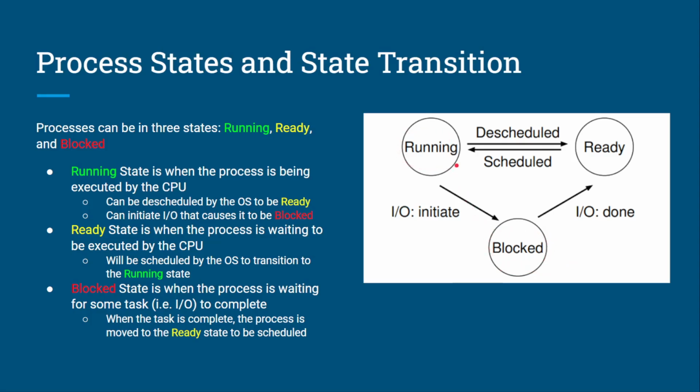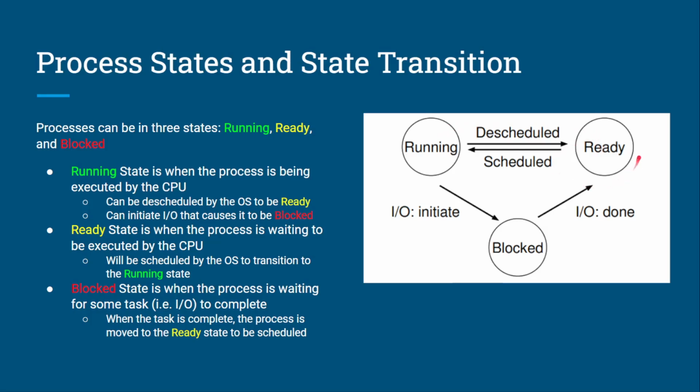So the 2 ways to exit the running state are being interrupted and descheduled, or initiating I/O itself. One is controlled by the process. The process will initiate I/O. One is controlled by the operating system. The operating system will interrupt the process.